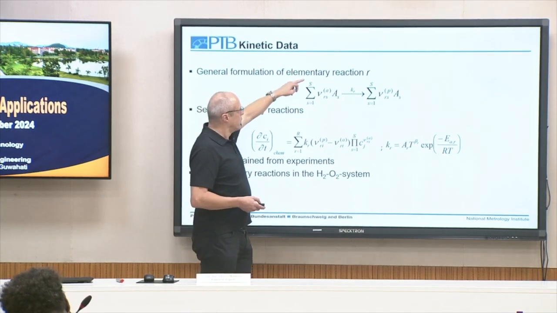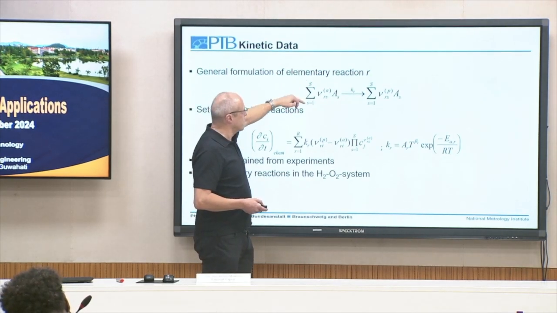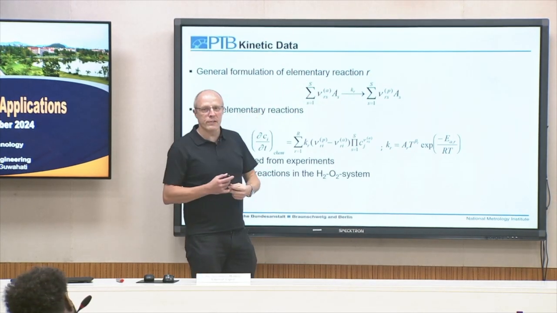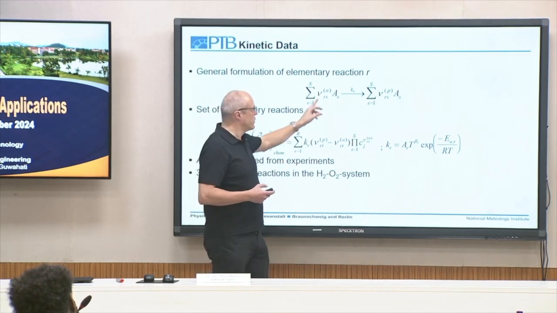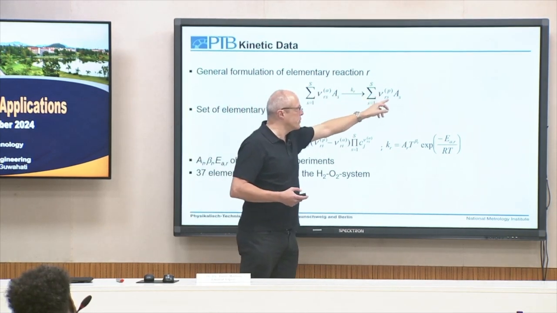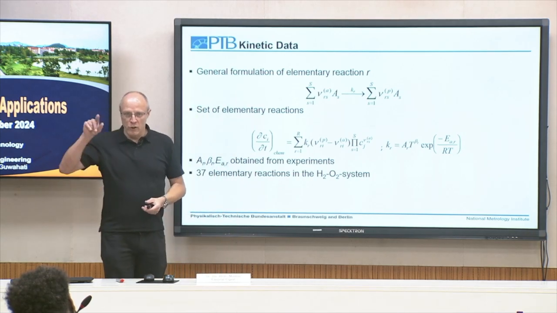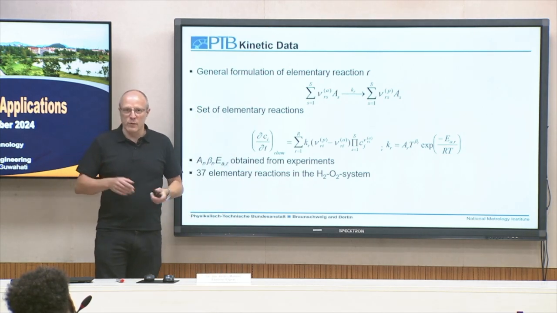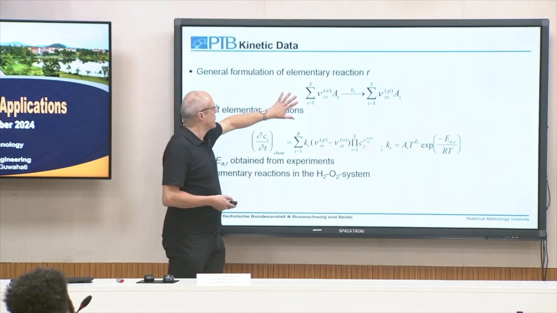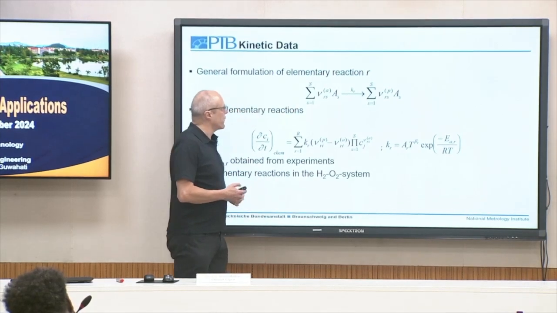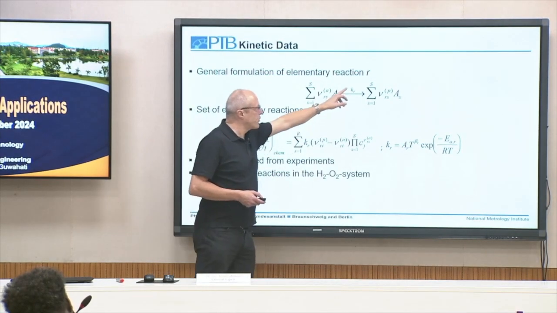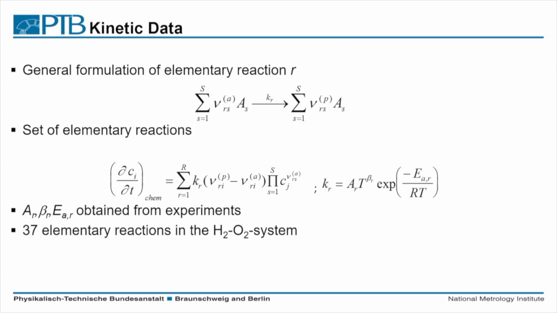So for this specific reaction, we sum up over all species on the educt side, and all species on the product side. That means H2 plus O2 gives water, for example. This is the general formulation of this. And then we need to know, of course, this reaction rate here.